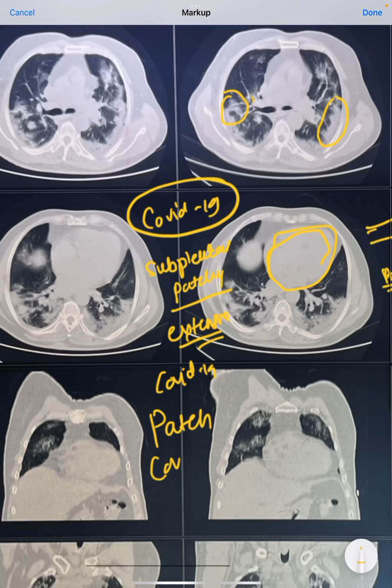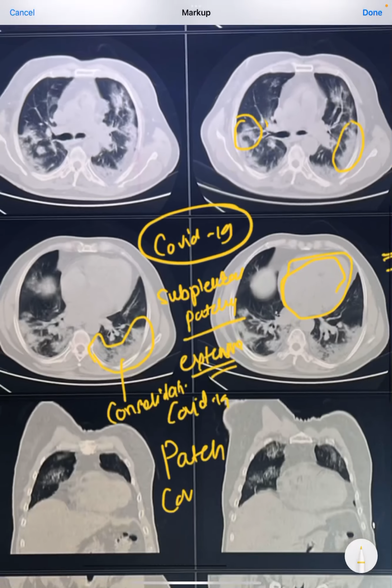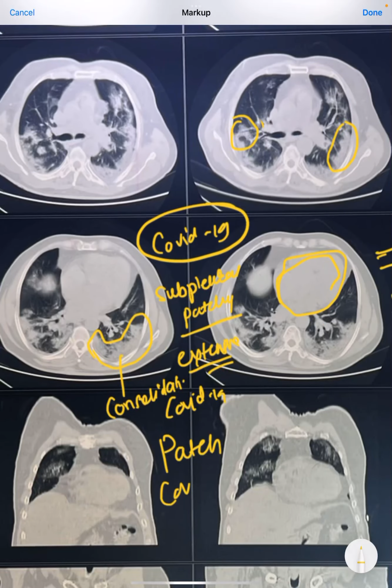This dense white patch is consolidation, which tells us that there is extensive involvement of alveoli and interstitium. There is a significant amount of exudate present in the alveoli. It is significantly involving the interstitium. That is the reason why this dense patch has developed.